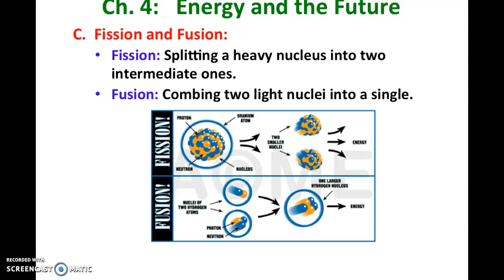Fission refers to splitting a heavy nucleus into two intermediate ones, such as the fission of uranium. Fusion refers to combining two lighter nuclei into a heavy one, such as the fusion of hydrogen isotopes, deuterium and tritium.